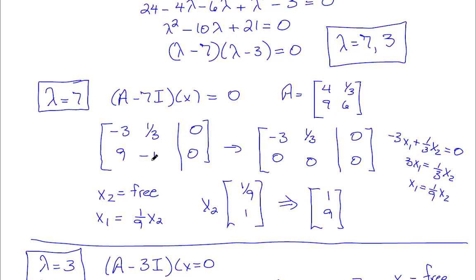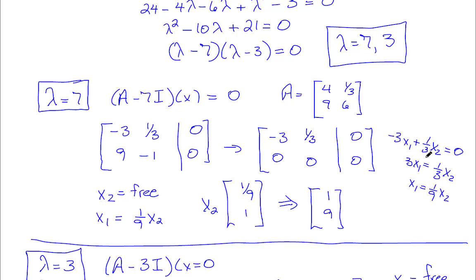6 minus 7 is a minus 1. The other parts stay the same. So I'm simply going to multiply row 1 by 3, add it to row 2, and I get a row of all zeros. So that says that x2 is free. Now what about this?